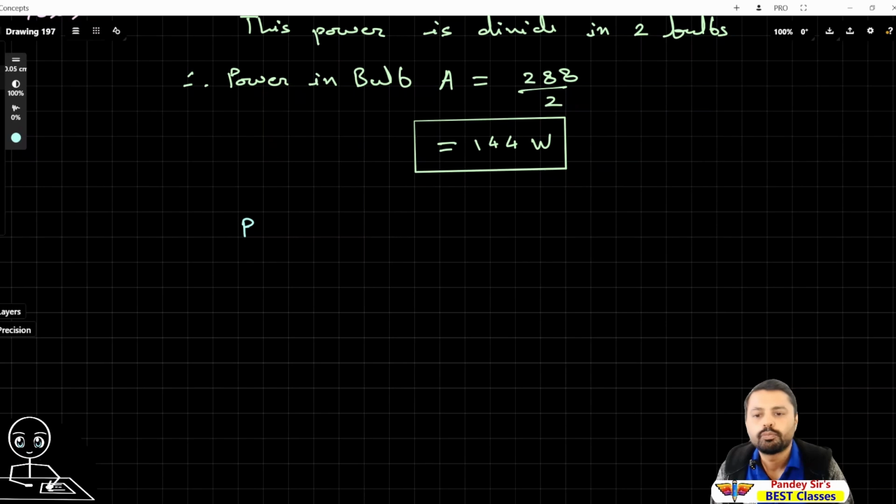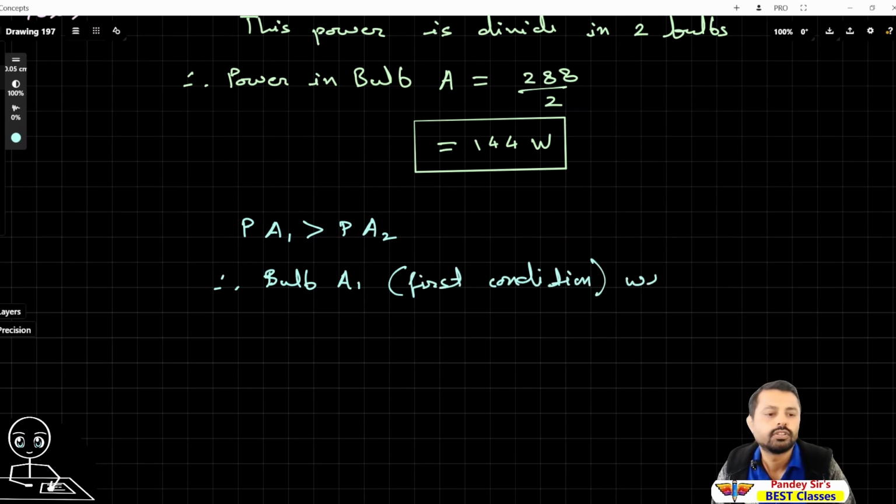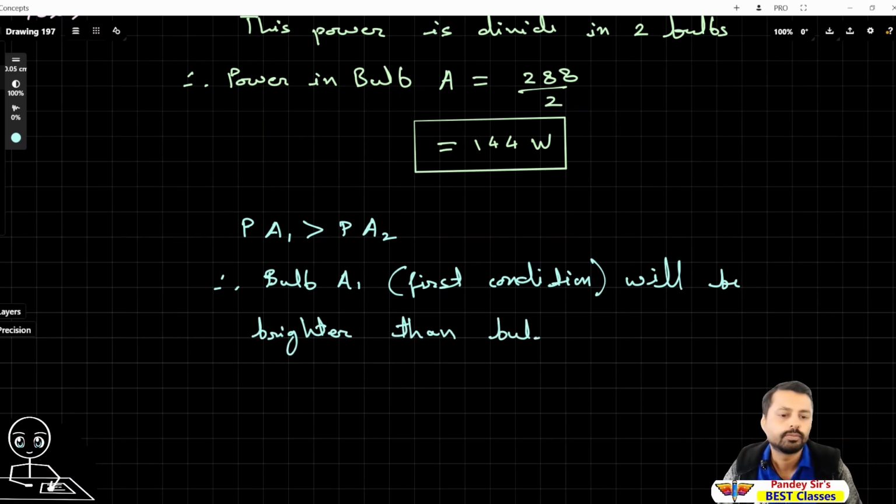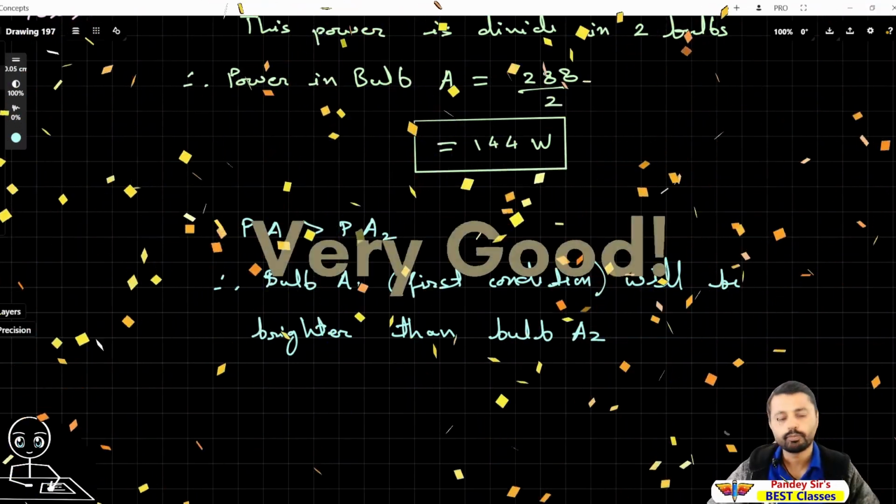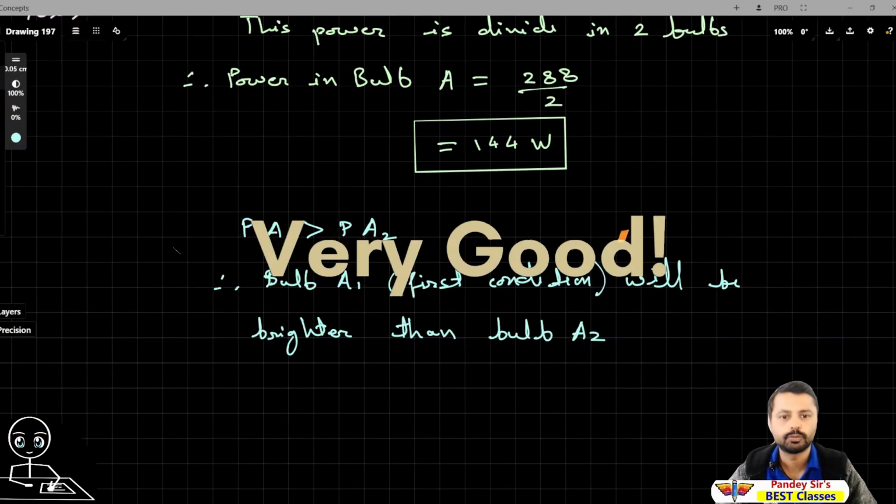So P of A1, A1 meaning first condition, is bigger than power of A2. Therefore bulb A1 in the first condition will be brighter than bulb A2. That's it. Okay. If you still have any doubt, you can ask me.